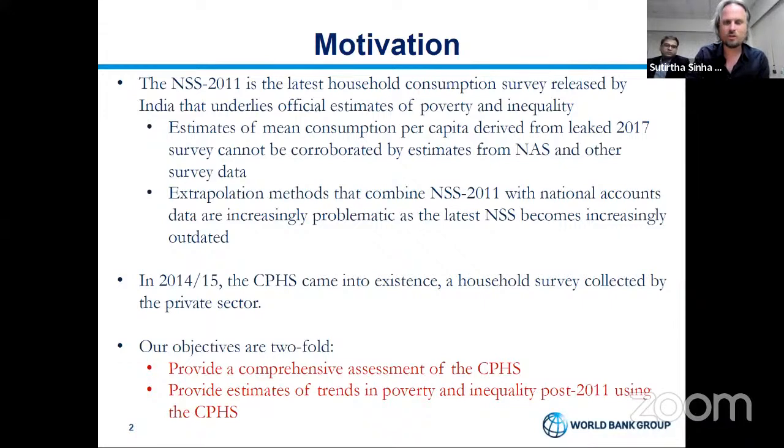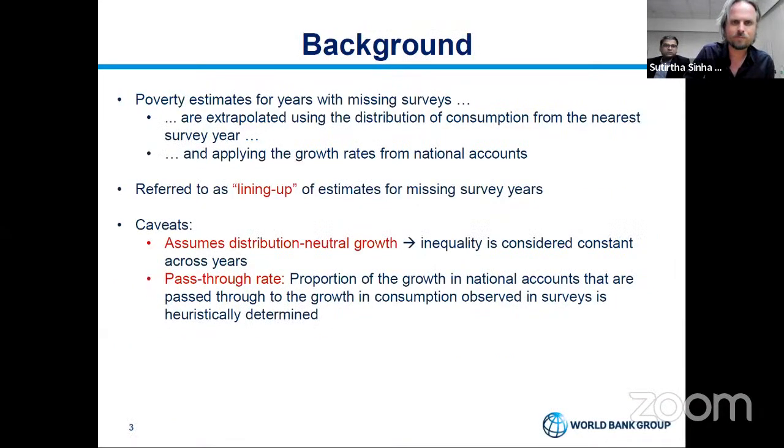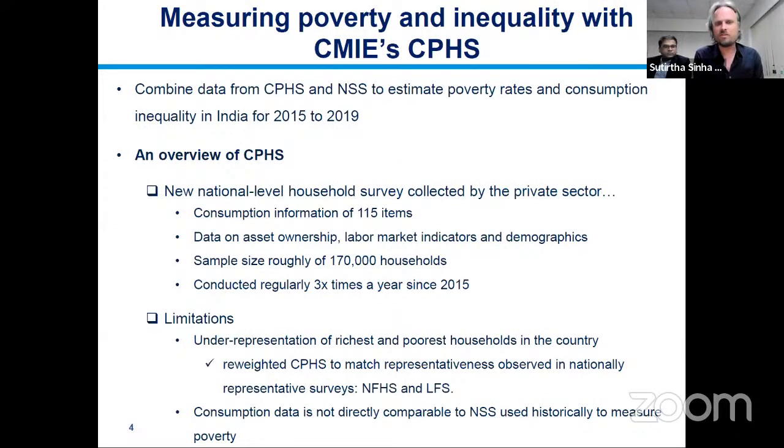As you all know, that survey data was first collected in 2014-15, and every year since then. The sample size is roughly 170,000 households. Households are interviewed up to 3 times per year. The survey collects consumption data using a recall of the past month's expenditures for the households.